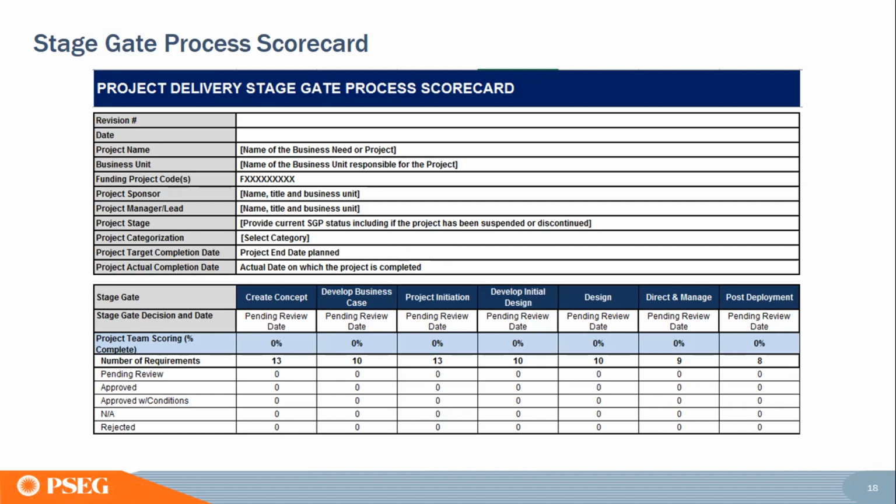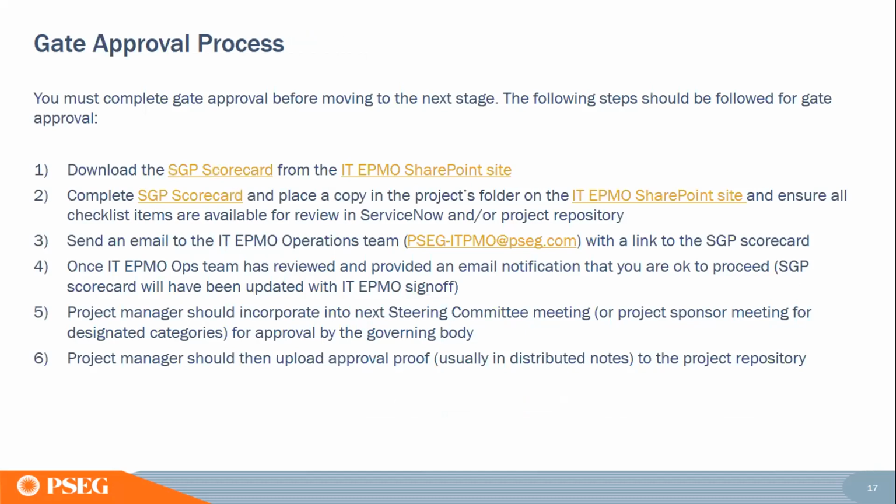That way, when the EPMO ops team is reviewing these scorecards, they have all the information at their hands. So the process of submitting it is: download the SGP scorecard from the SharePoint site, prepare the scorecard, get it reviewed properly by your peers and your GPM, and then submit it to the SharePoint. Upload one copy there, submit it to the PSEG, EPMO, SharePoint, the operations team.